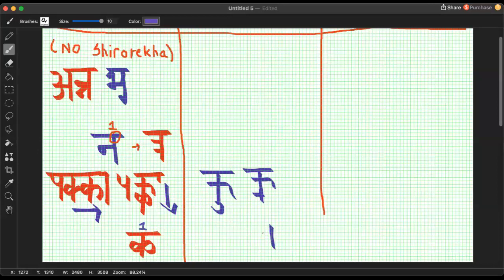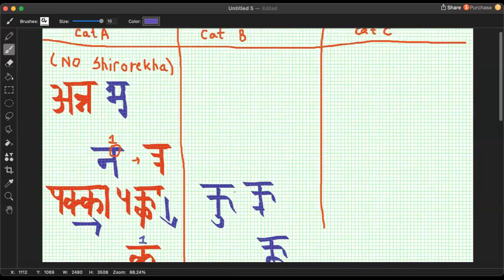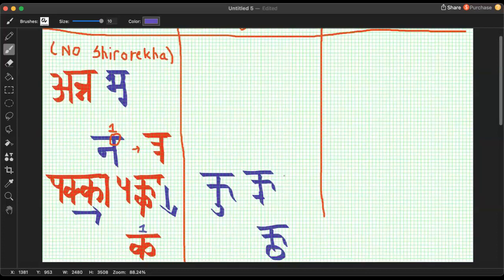Ka is always written in this half form on the top if there's anything right below this. That means half letter is always written above, madam. Yeah. For ka, if there's any conjunct or u, ka will take up this half form on the top always. Yeah. Thanks, madam.